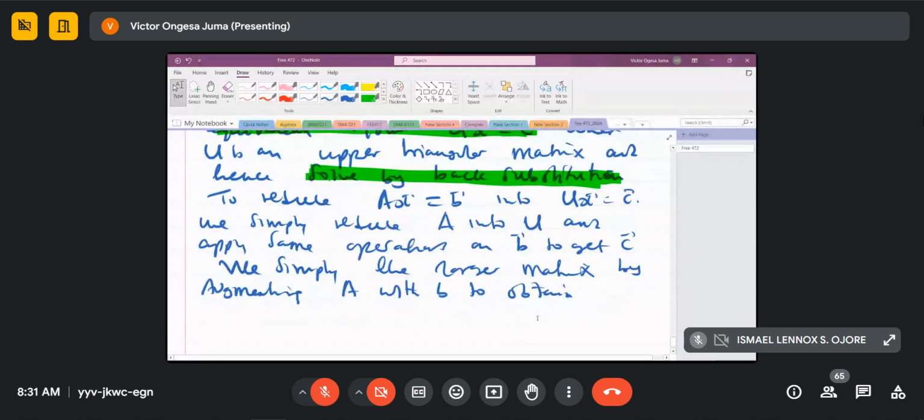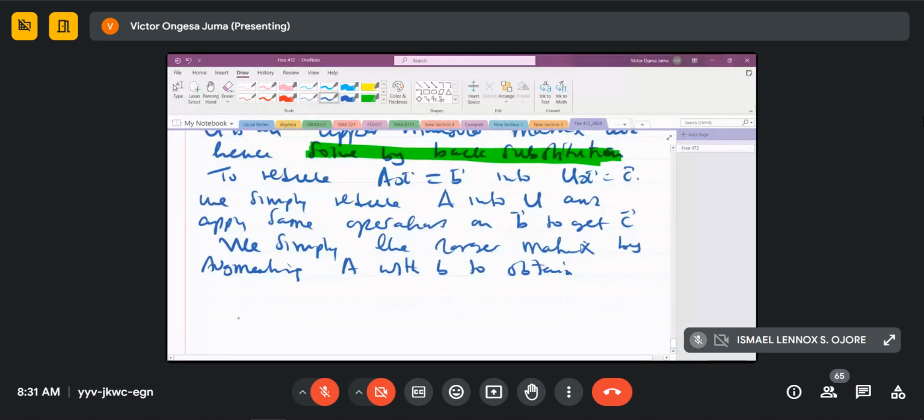So when you want to start, you simply write A, and I'm just putting here a line just to differentiate that, to know that one side is B. And so you write in this form, where this is called an augmented system or augmented matrix.